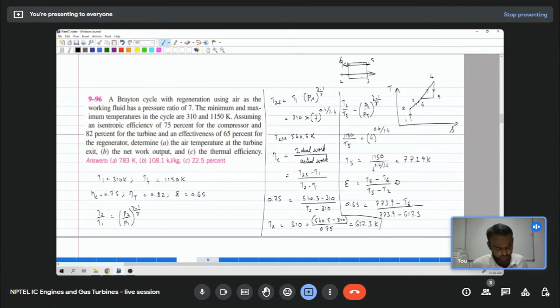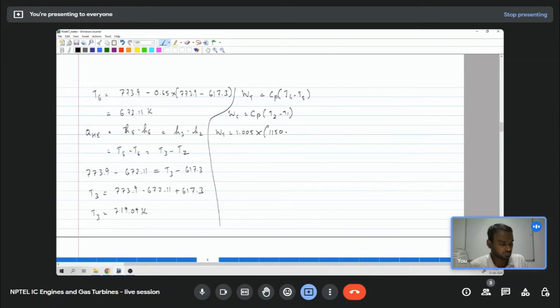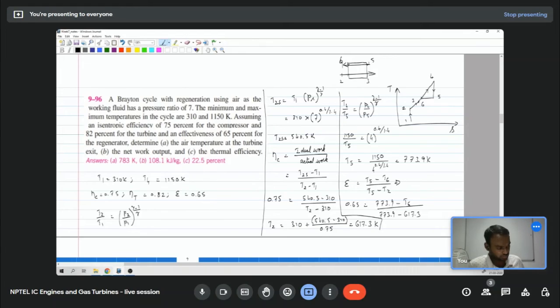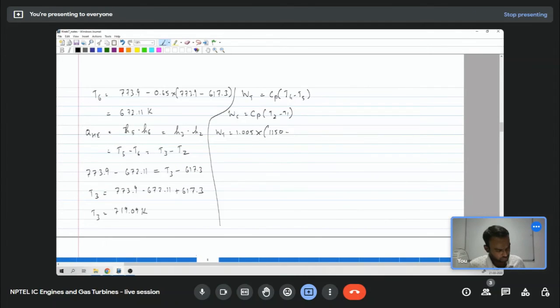T4 is given as 1150, minus T5, which is 773.9. This is 378 kilojoule per kg.